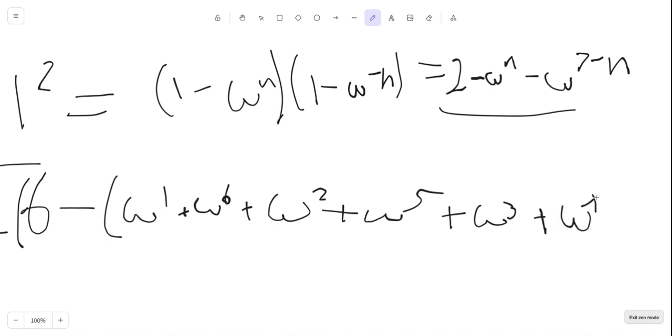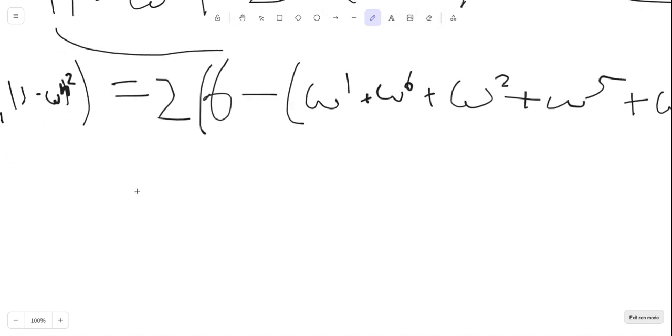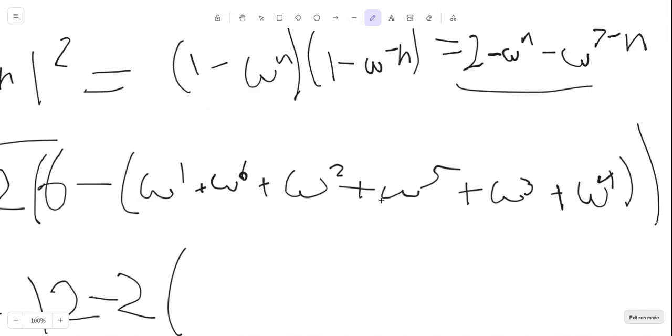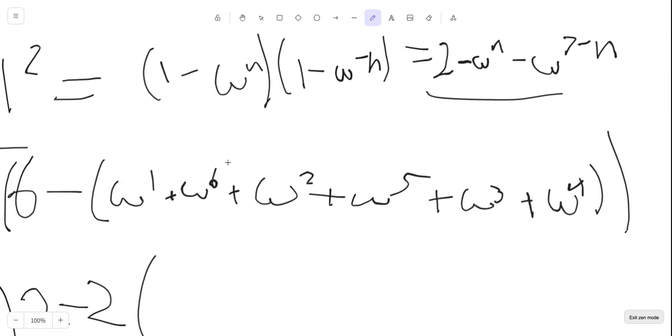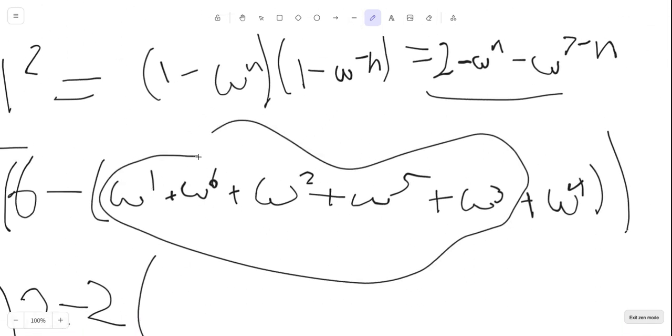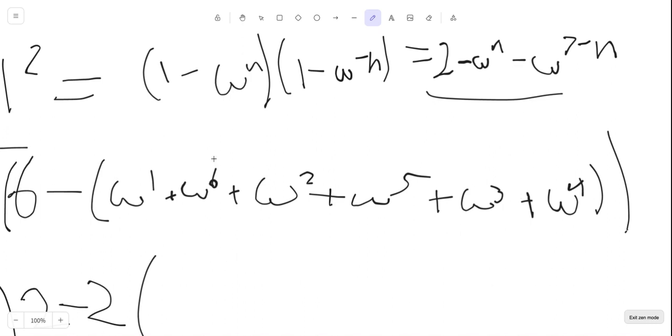So now we have 2 times, well, I can take the 6 out, minus 2 times, and this is the last step. Notice all these powers are from 1 to 6. We have exactly 1 each.